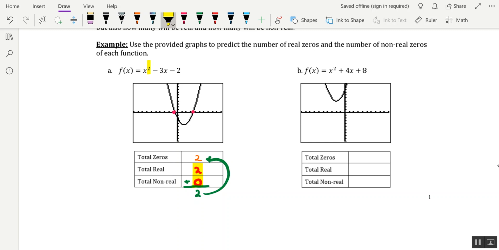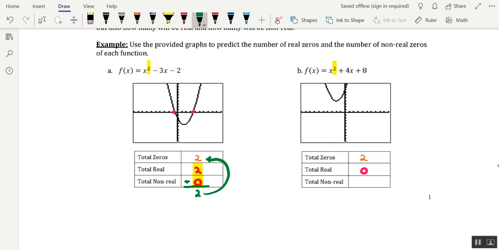Here we have another degree 2 polynomial function. So the total number of zeros is going to be 2. But you'll notice that there are no x-intercepts. So because there are no x-intercepts, there are going to be no real zeros.